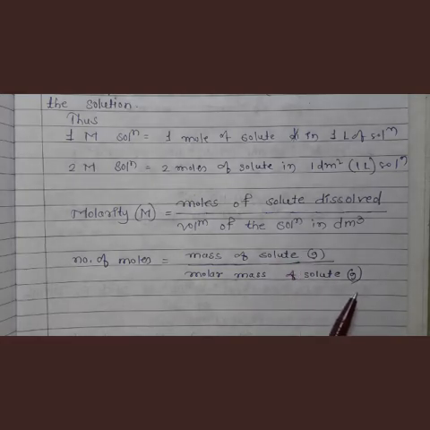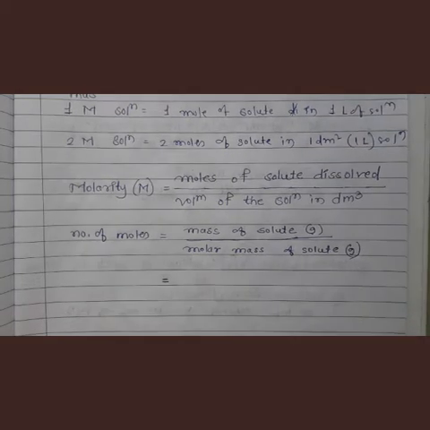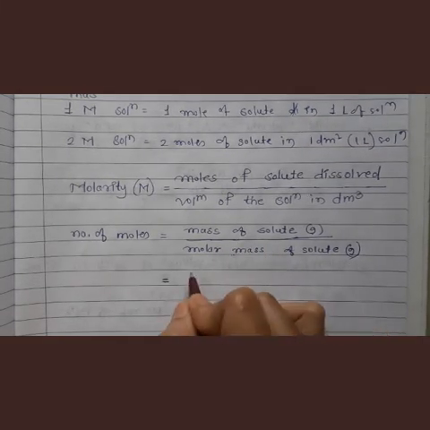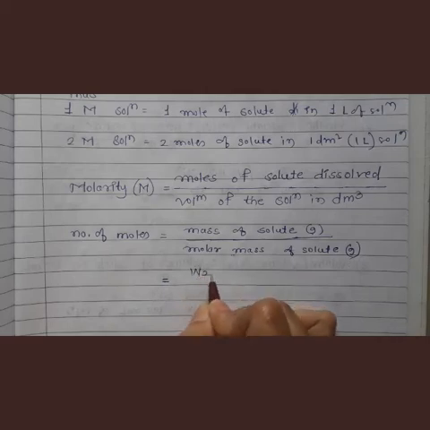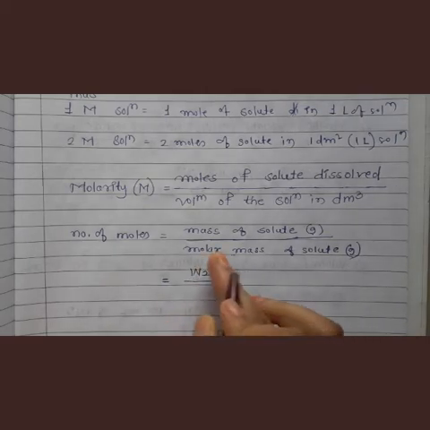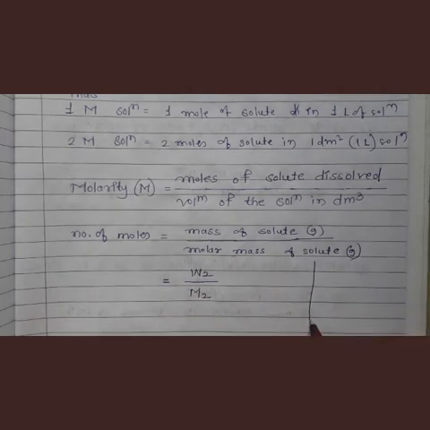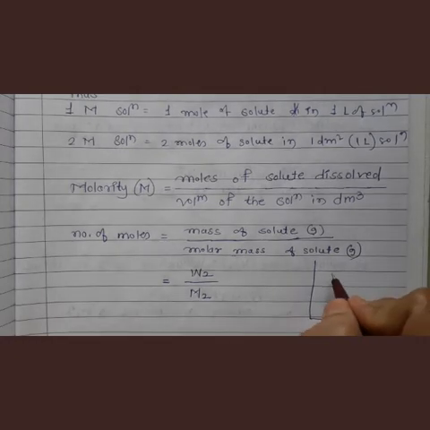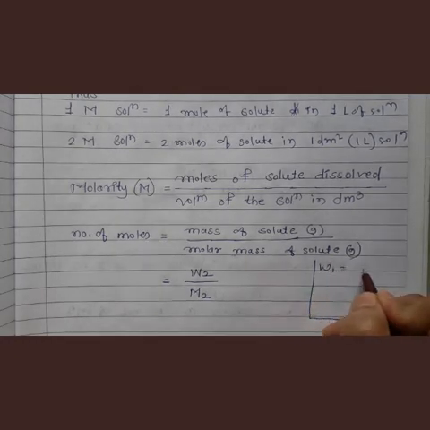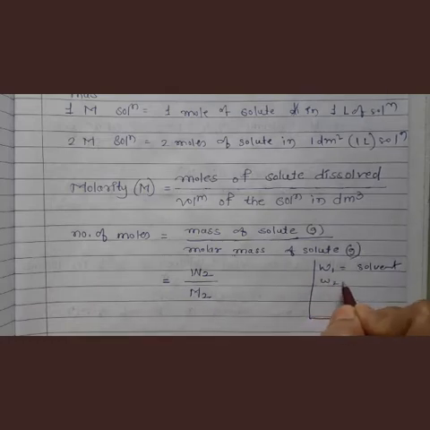Understand? Now, let us see next. Suppose mass of solute is denoted by symbol W2, and molar mass of the solute is denoted by symbol M2. See, when we are always talking about solution, that time W1 is used for solvent and W2 is used for solute.